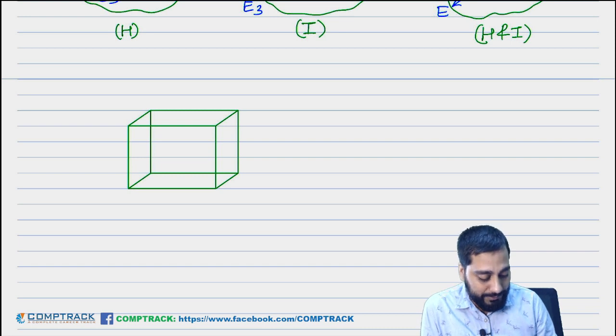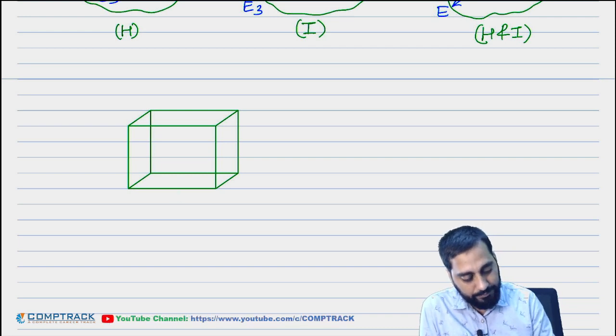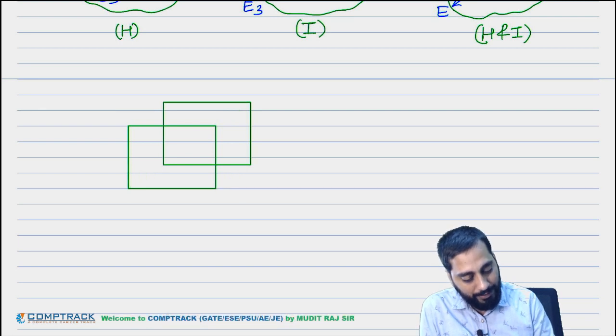Let's say in all directions it has the same dimension. It is a cube, so all the dimensions are the same.